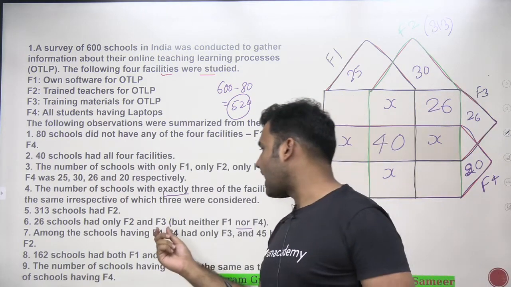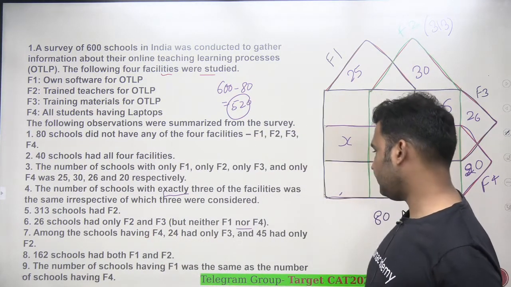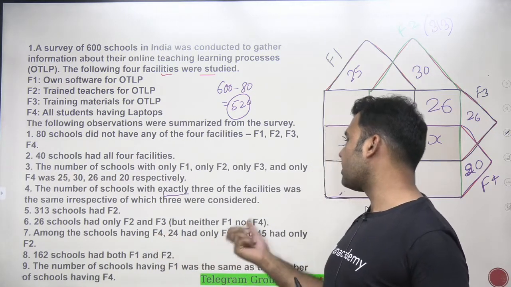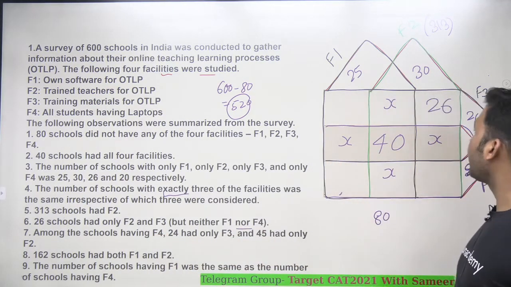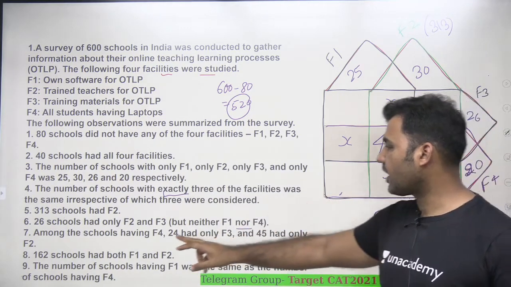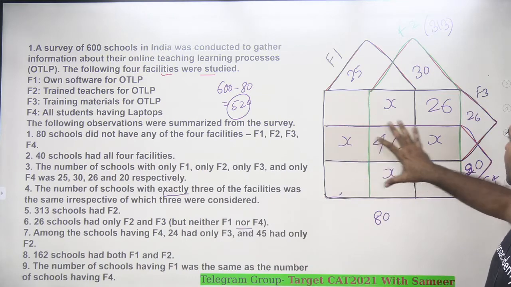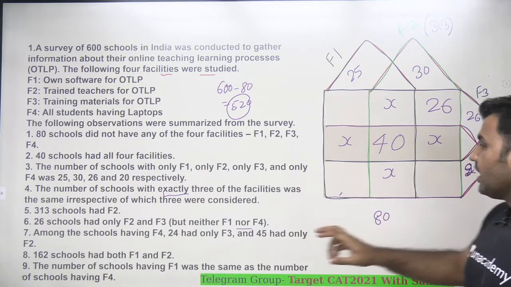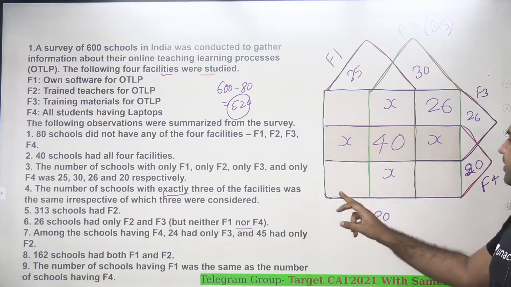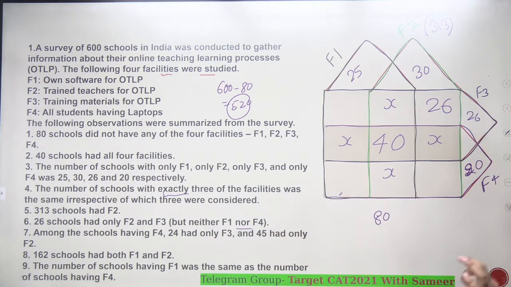Among the schools having F4, 24 had only F3. See that this is the region of the schools having F4. Now out of this whole region which has F4, 24 had only F3.